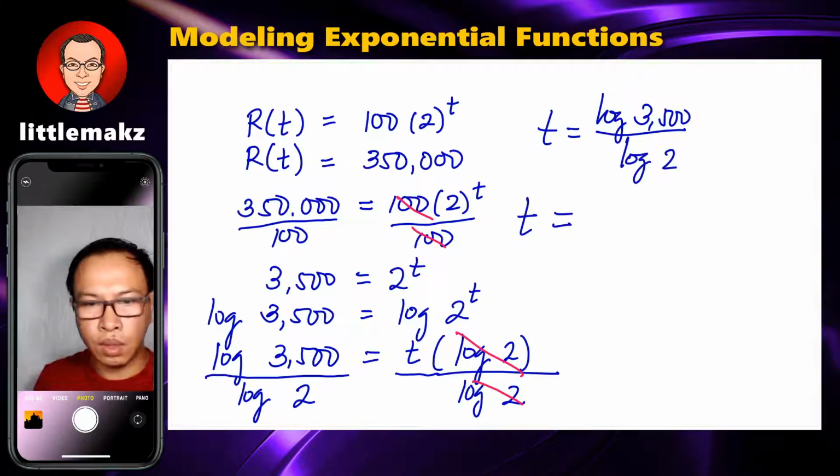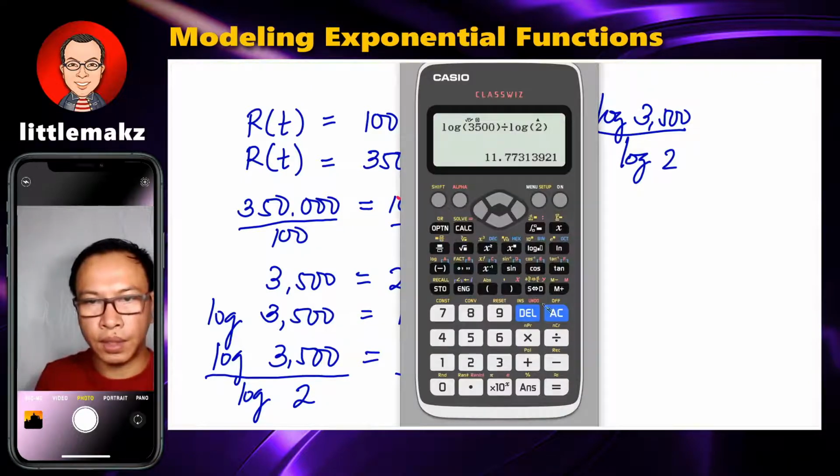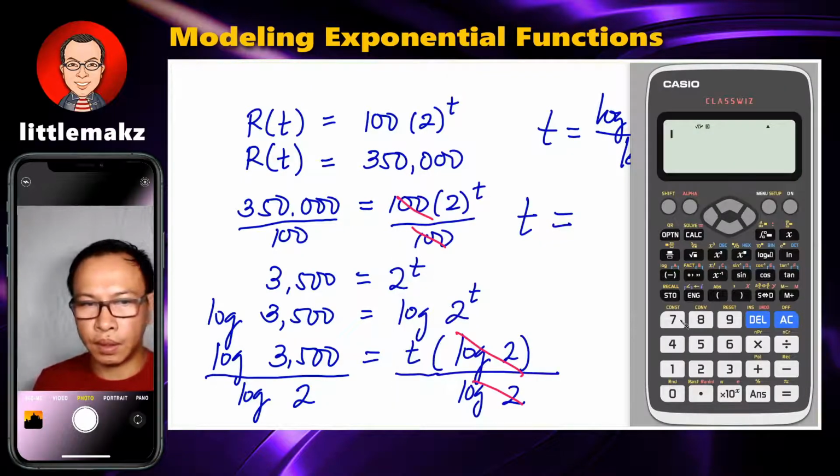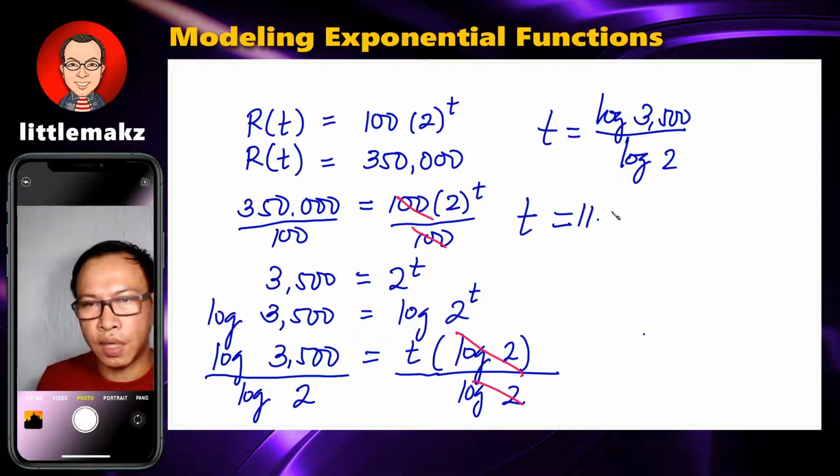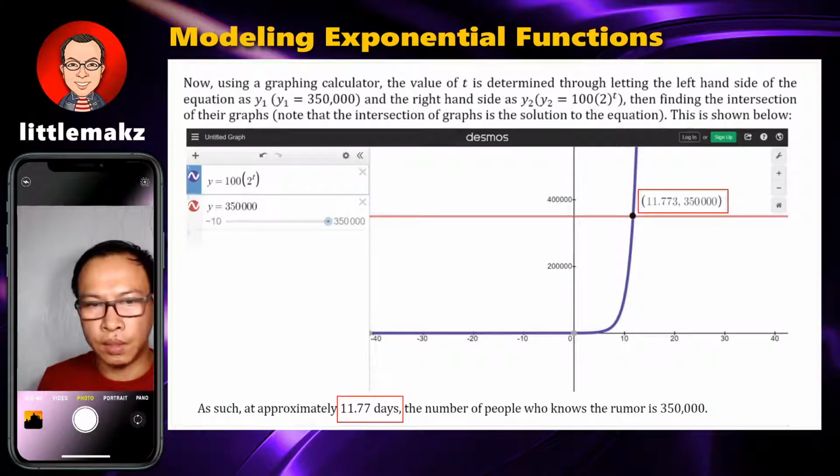So using our calculator, we could plug in the logarithm of 3,500, okay, and divide it by the logarithm of 2. And what do we get? We have 11.77. And this is actually the same value that we get when we use Desmos in this case.